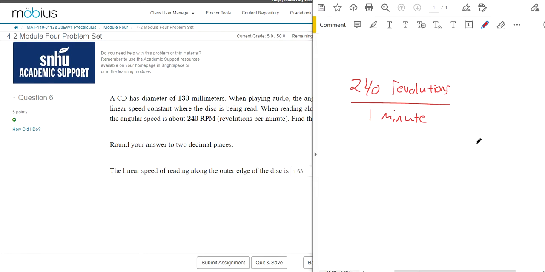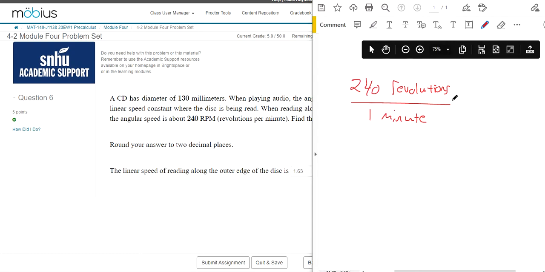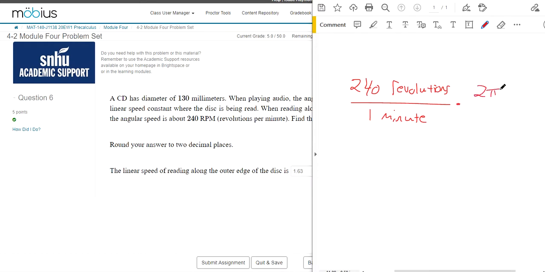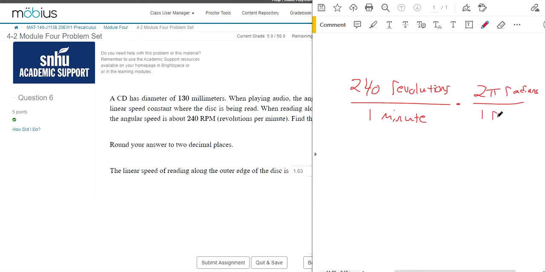The quick way of figuring out the linear speed is to convert this to radians per minute. So you can multiply by 2 pi radians. There's 2 pi radians in 1 revolution.